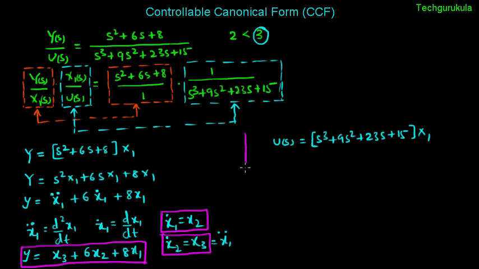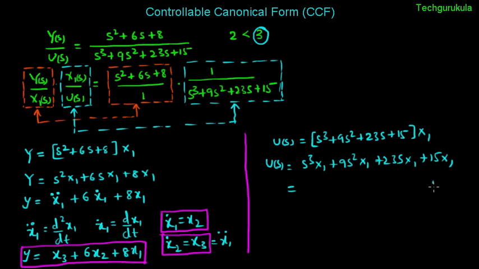Now let's move on to the second case where the expression is u of s relating to x1. Let me rewrite this again. U of s is equal to s cubed x1 plus 9s squared x1 plus 23s x1 plus 15 x1. Having defined what x1, x2, x3 are and their relation to x1 dot, x2 dot, we can rewrite this expression.